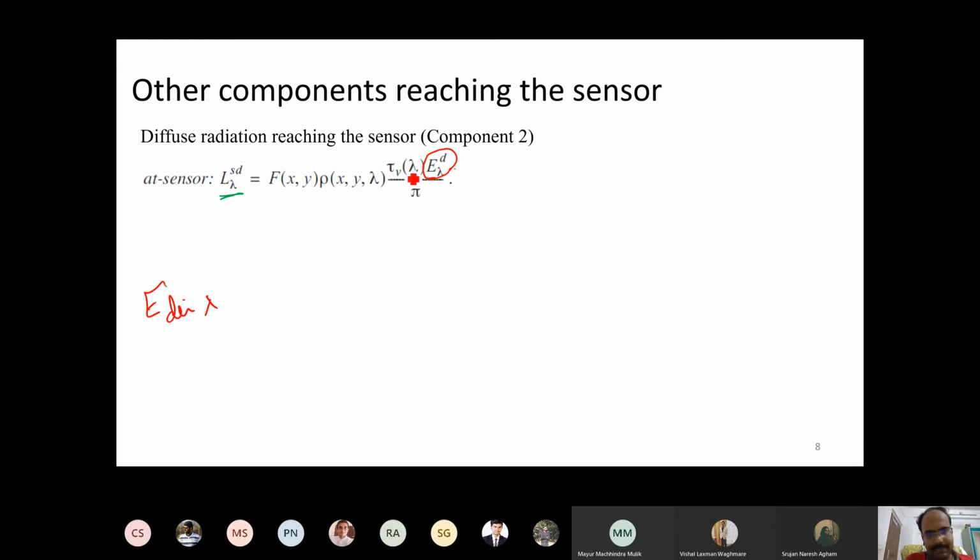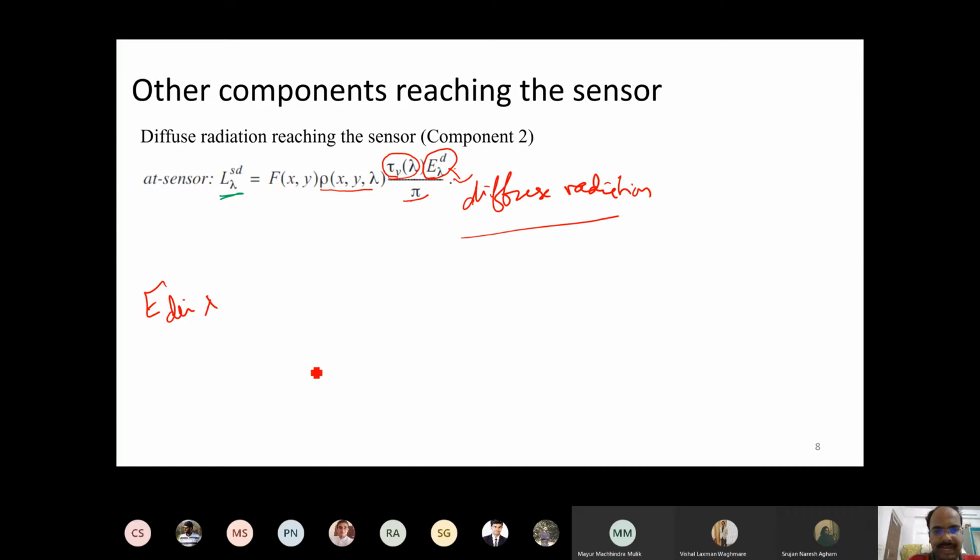That is multiplied by the reflectance of the surface by pi, which will give you the reflectance, and this is again the path radiance in the view angle. Only thing is, instead of using direct radiation, you have to use diffuse radiation here, just to account for what fraction of energy is coming in as diffuse.